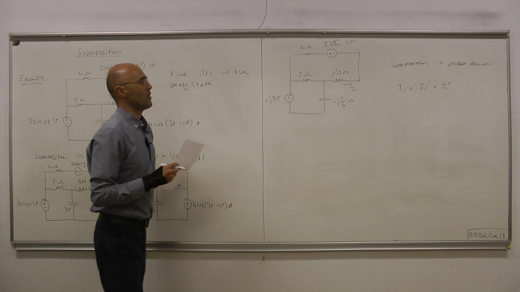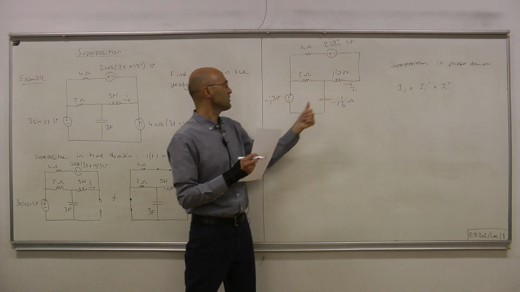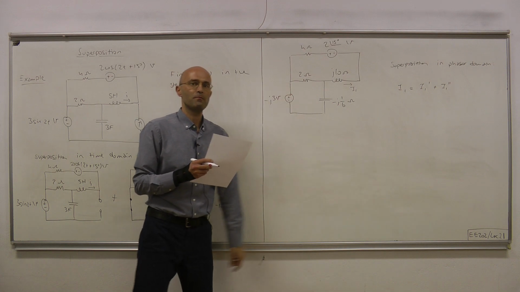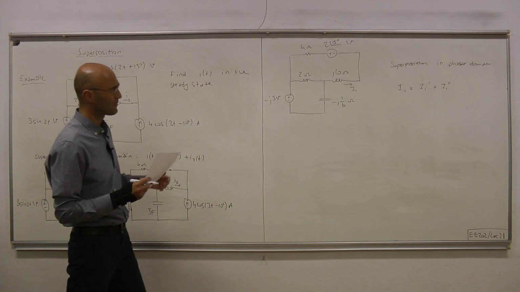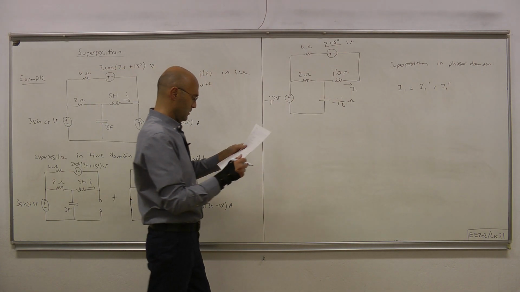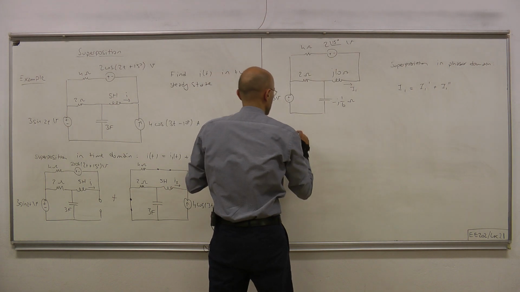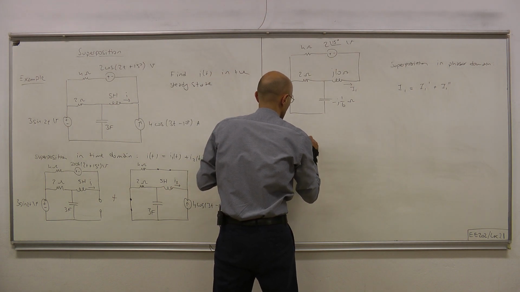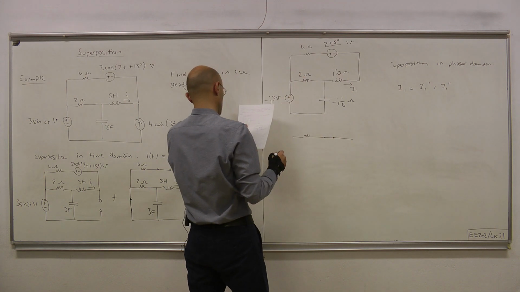Where I1 prime is the part of the current due to one of the sources, and I1 double prime is the part of the current due to the other input. So in other words, we can kill this source and consider only this input here.